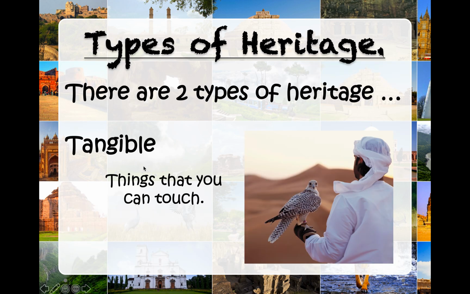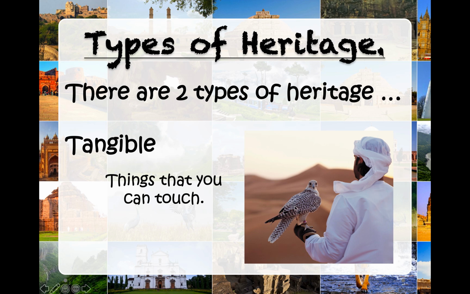There are 2 types of heritage. So we learned the word tangible, right? Now, we said tangible means things that you can touch. This meaning, if we look at the picture, there is a bird with a man that has the UAE clothing on. This is tangible because it can be touched.